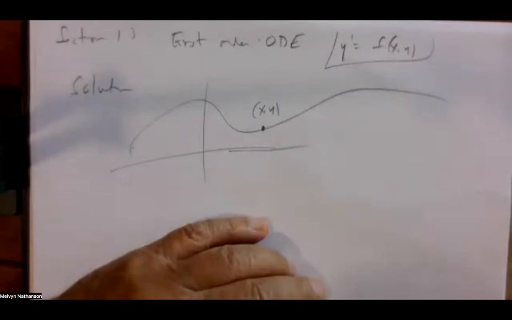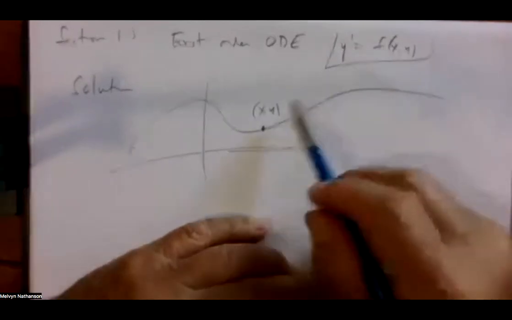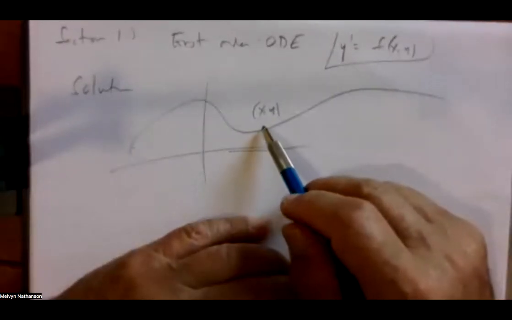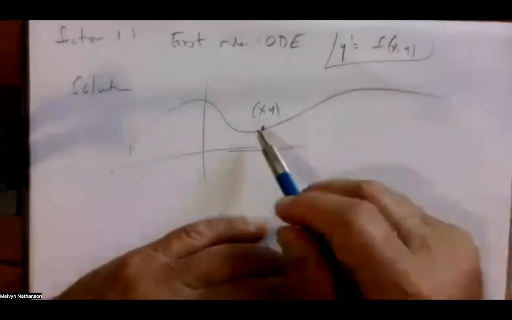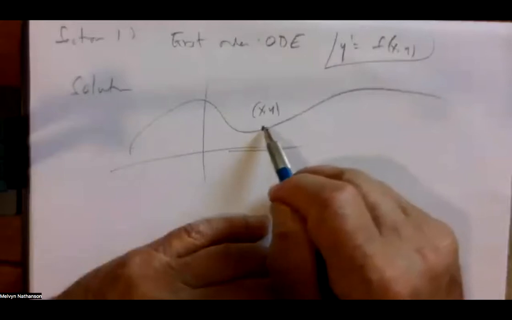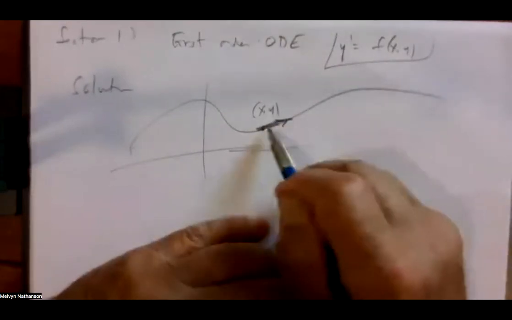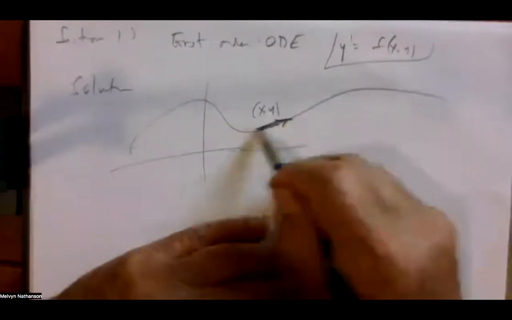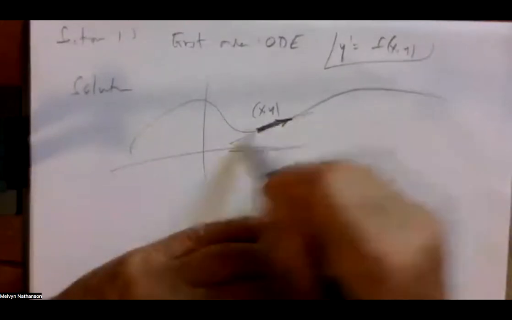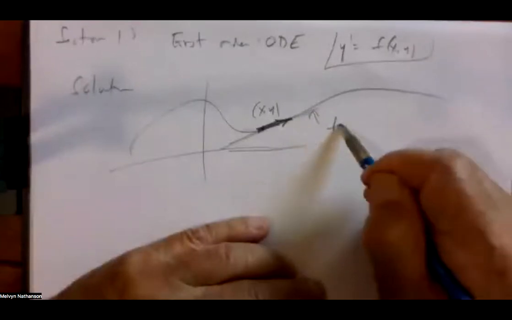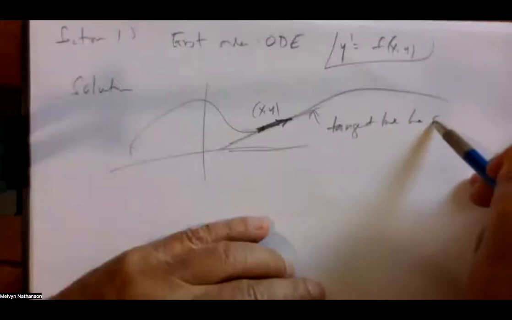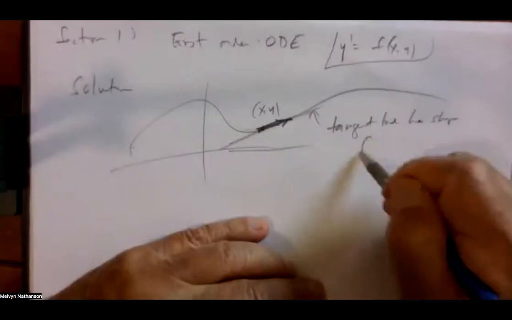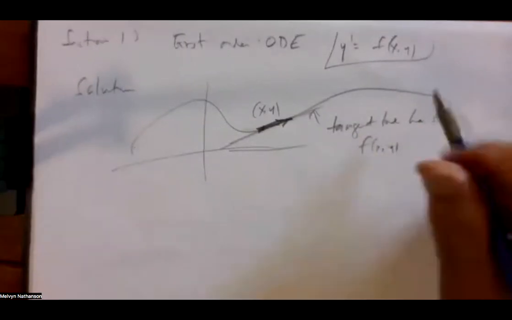It's the slope of the tangent line. So this says that at any point x, y in the plane, if a solution goes through that point, then for that solution y, the slope of the tangent line is given by f of x, y. So at this point on the curve, the tangent line has slope f of x, y.